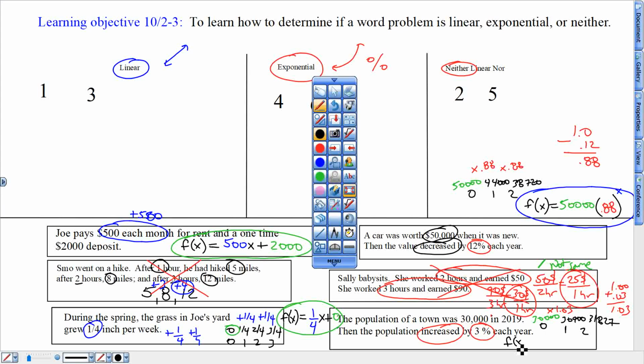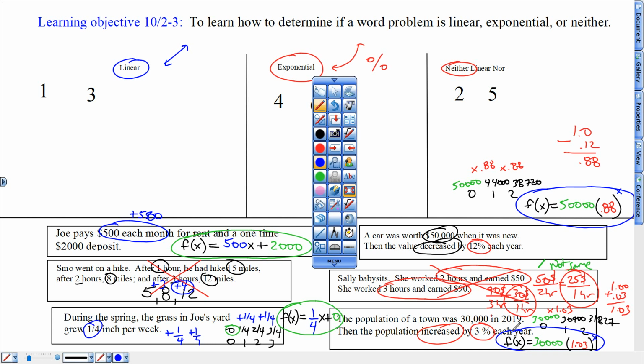Here's the equation. The equation is 30,000 in parentheses that 1.03. Close that parenthesis and make sure you get full credit and put that x in the exponent spot. That is my exponential. That's geometric right there.